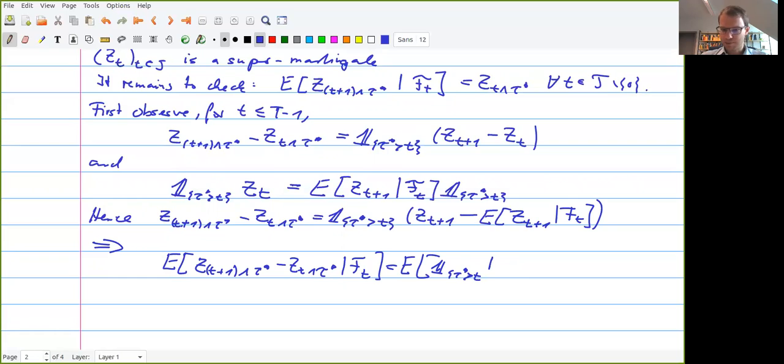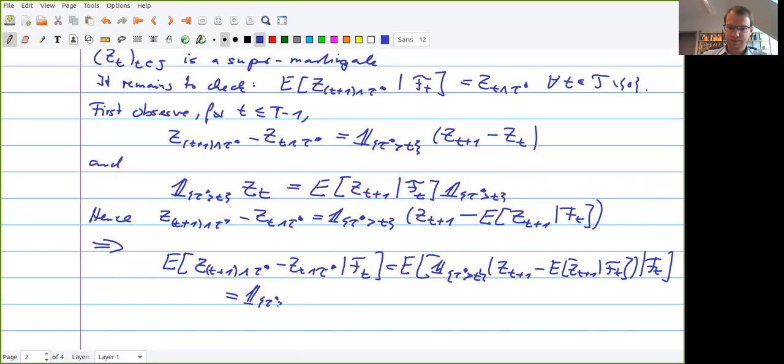Here I'm just copy pasting the line above just by taking the conditional expectation with respect to the filtration at time F_t. Okay, so that's not too hard, and now I forgot the conditional expectation. So that's what I have. All right. What is good now is that I know that this here is F_t measurable, so I can pull it out.